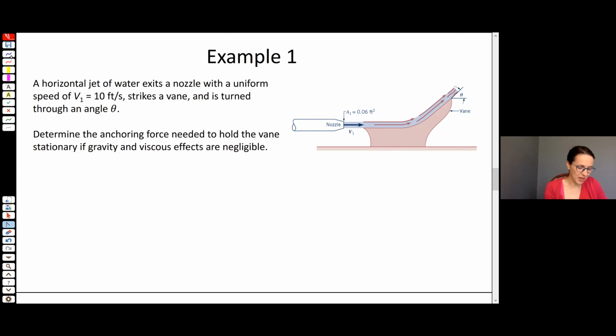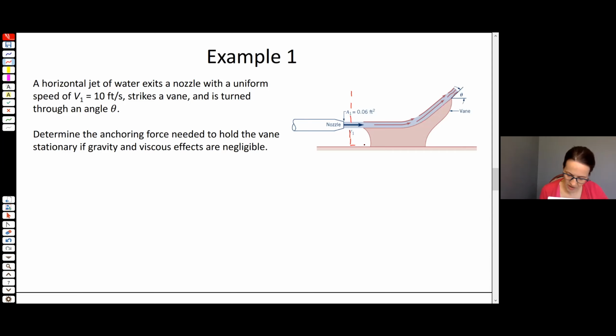And we're going to be a little bit smart about it. We don't want to make life hard for ourselves by choosing a control surface that is not perpendicular to a flow direction. So we're going to just sort of box. Oops, let me use a different color here. Use the red. We're going to box in the vane.